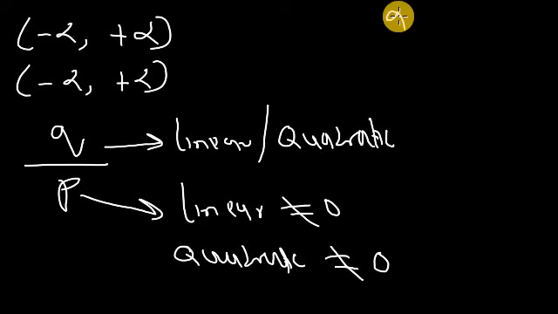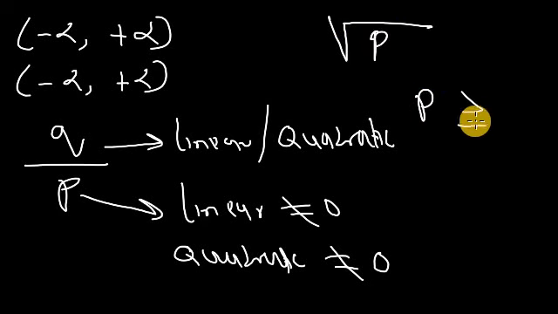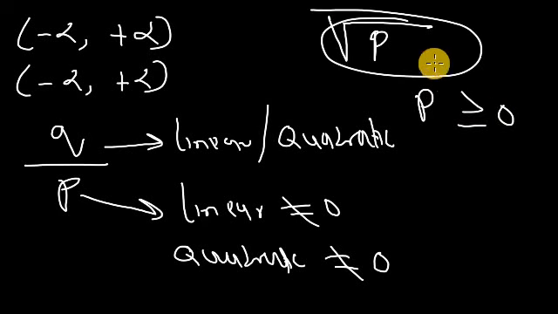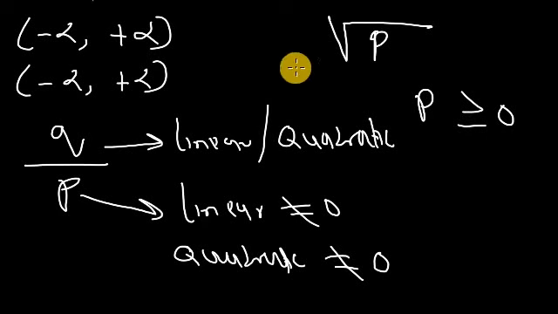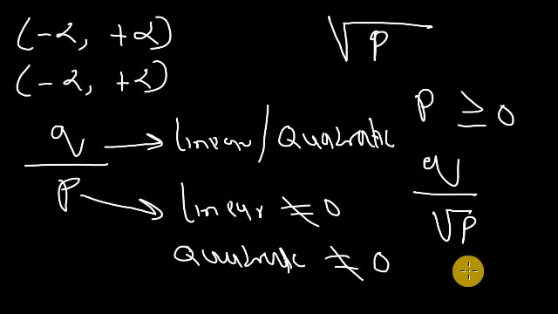Now, if q over p is having radicals, let's say we just have radicals only first. Let's say I have square root of p. Then in this case, I will just set p to be greater than or equal to 0. That's a radical function. Then I'll solve for whatever it is going to be. Then if it is q over square root of p, in this case I will just set p to be greater than 0 only.